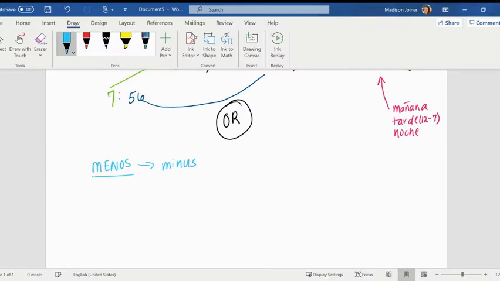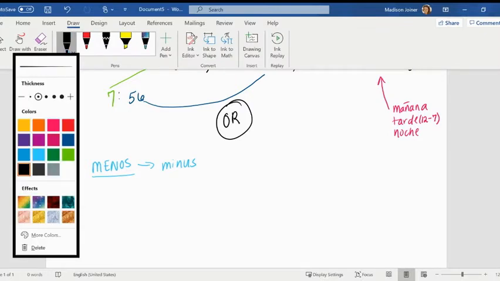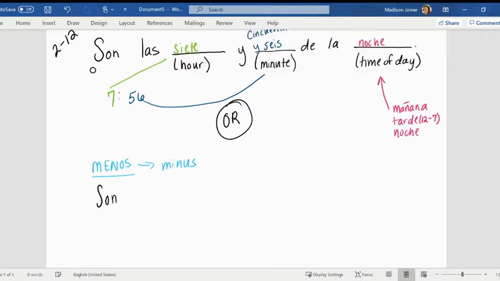So the formula for this is son las blank menos blank de la blank. And what's in these blanks is pretty similar.